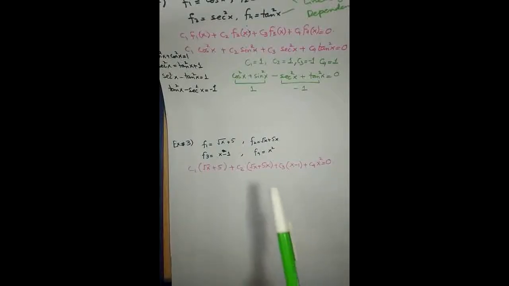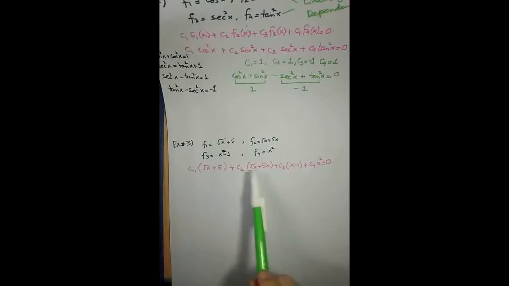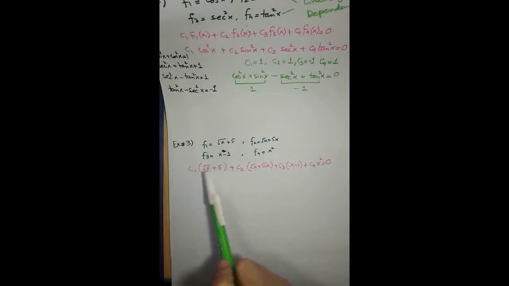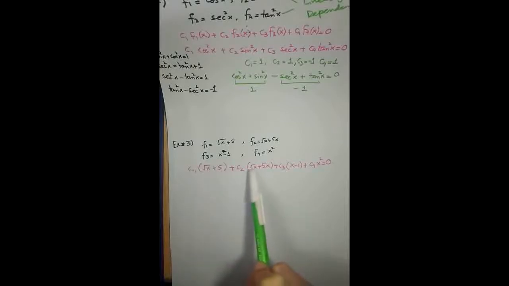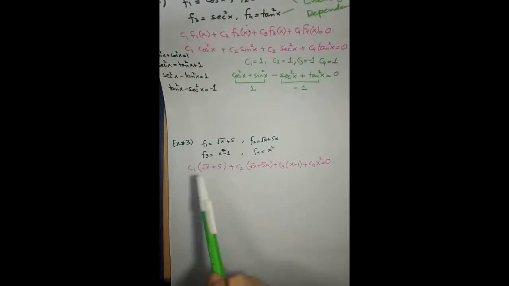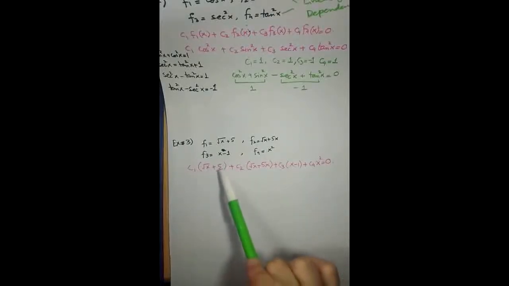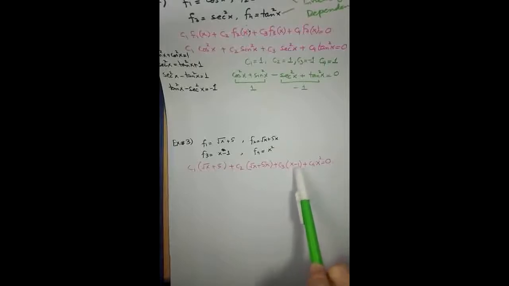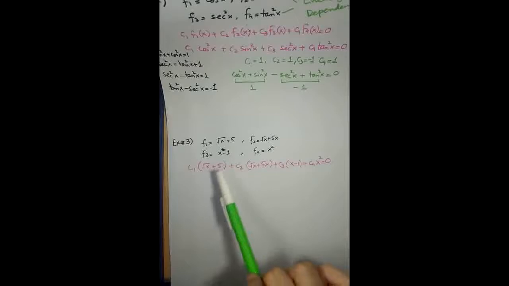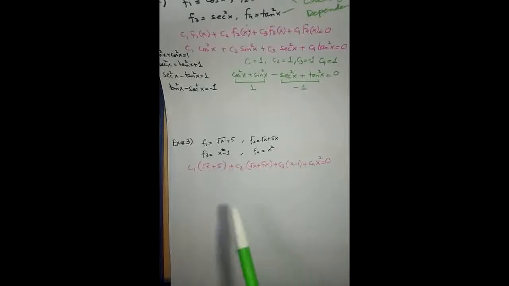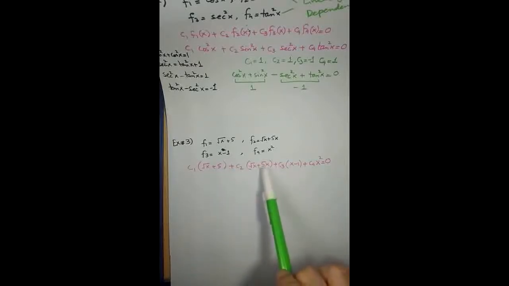If I want to cancel this c1 x, and if I make it minus under root x, then these two are cancelled. Okay, and if this is a constant, minus 1 is also a constant. If I make it minus 5, then 5 and minus 5 can be cancelled. Okay, 5x.